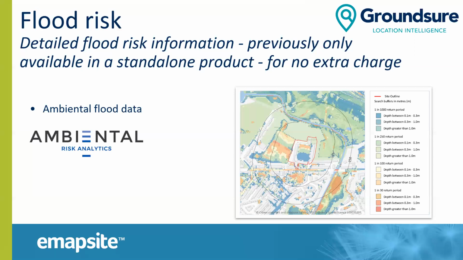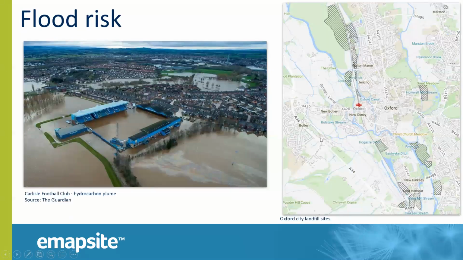You can clearly see a site outlined in red, and then there is flood risk identified all around the property and also right in the middle of the site. And if we look at the next slide, on the left-hand side is exactly the same area in 2015.